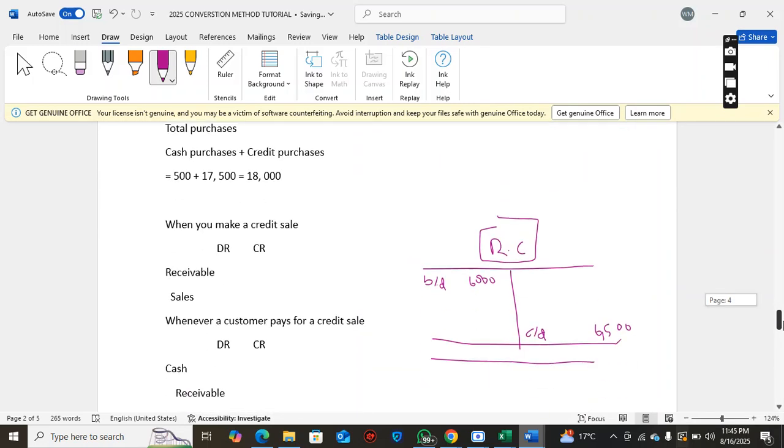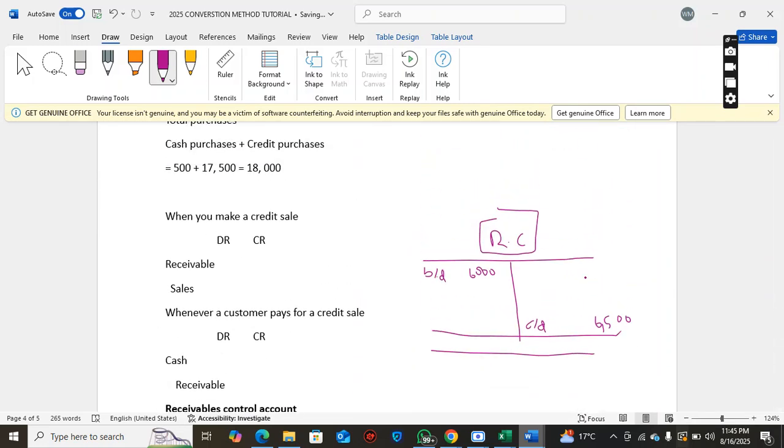So you put receipts from credit sales, 18,500. Remember, the figure that we're trying to extract is our credit sales, X.